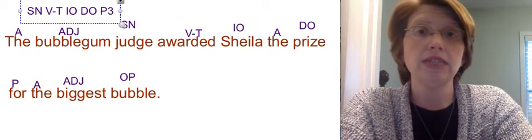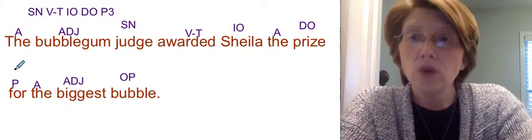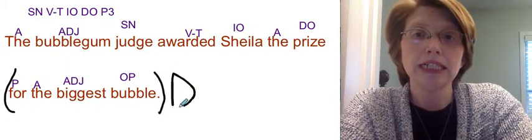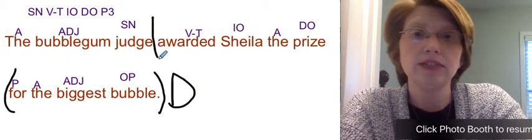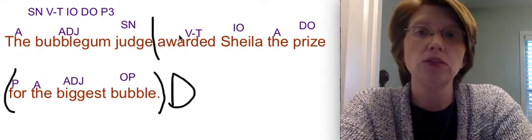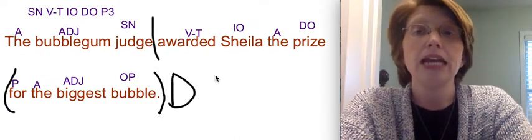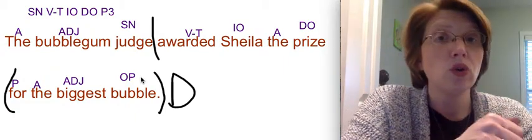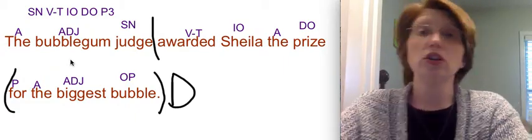Verb, transitive, check again. For the biggest bubble, prepositional phrase. Period, statement, declarative sentence. Go back to the verb, separate the complete subject from the complete predicate. Is there an adverb exception? Nope. Is this sentence in natural or inverted order? Natural, no change.